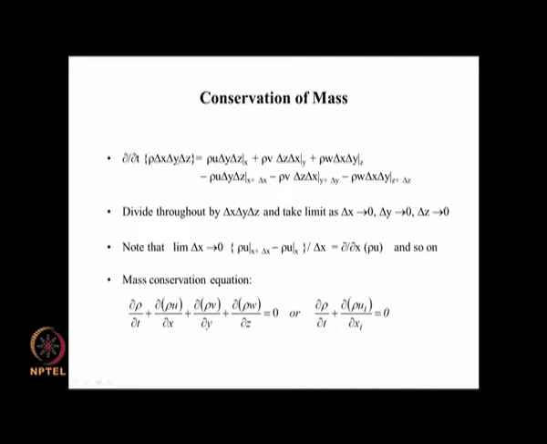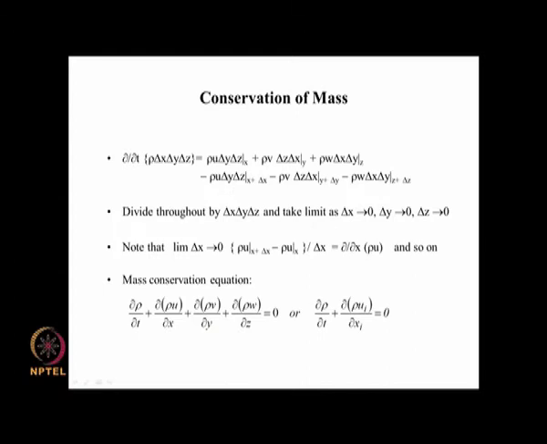If you do this, then the left hand side becomes dou by dou t of rho, because this thing cancels out. And the delta y delta z cancel out, which gives you rho u at x minus rho u at x plus delta x divided by delta x, and if you take the limit as delta x tends to 0, this becomes minus dou by dou x of rho u.